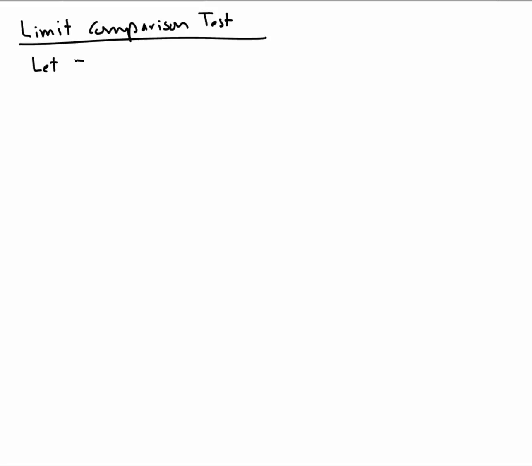Let's say that we have two series. Again, we'll stick with that a sub k and b sub k notation. So we have two series with positive terms. That means there's no zeros involved here.